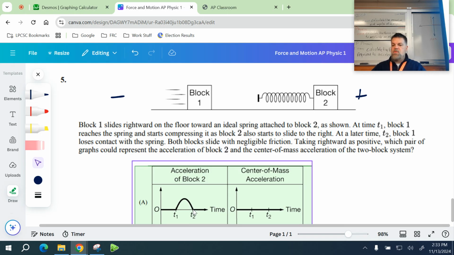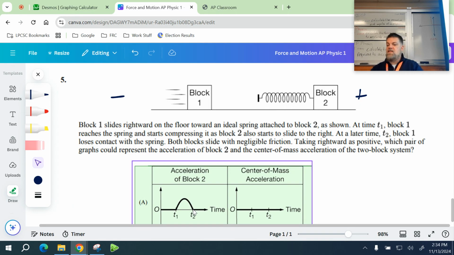And then at time 2, because it's frictionless, after that whole thing takes place, there is no more acceleration. There is no more force being applied. When they break free from each other, the spring cannot apply any more force. And because it's frictionless, block 2 is still moving, but the acceleration is 0.